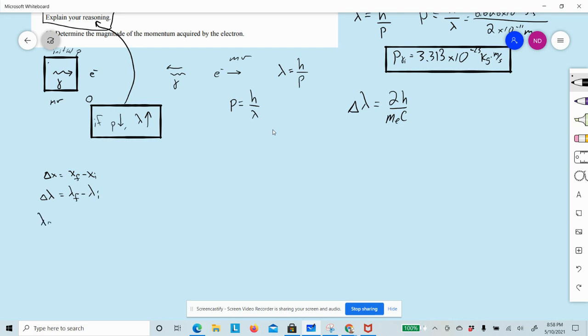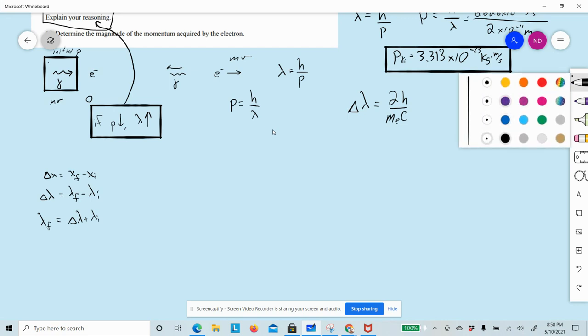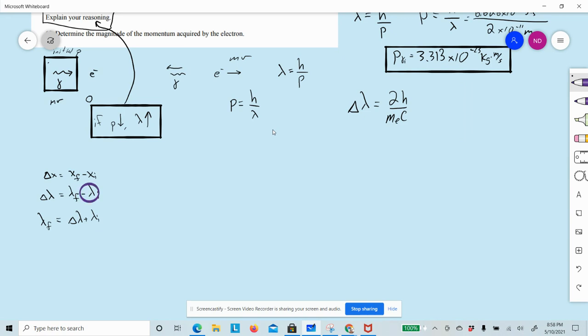So lambda final will be equal to the change in wavelength plus the initial wavelength. I can bring this over to that side of the equation and go from there to get the final.